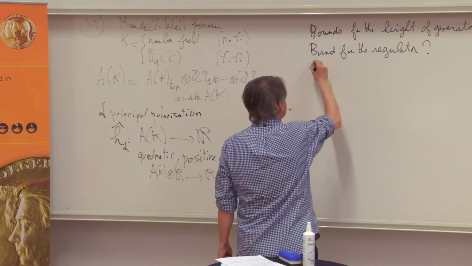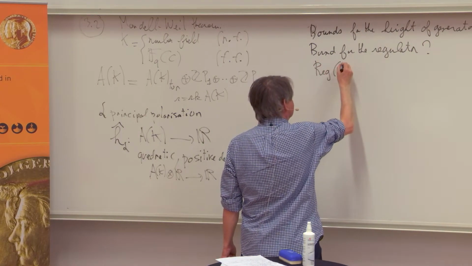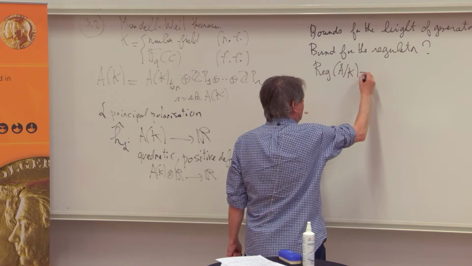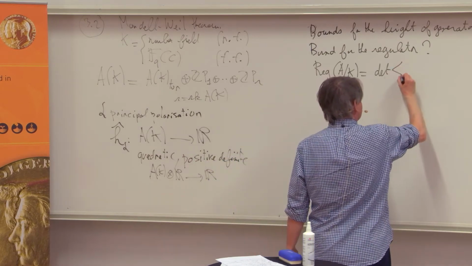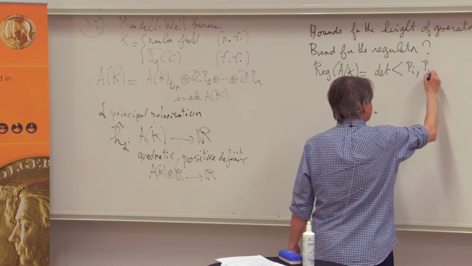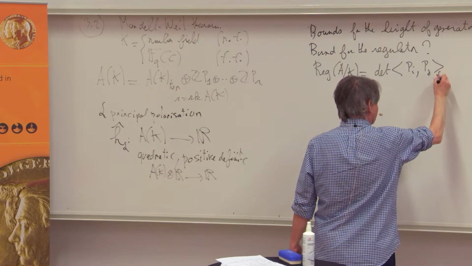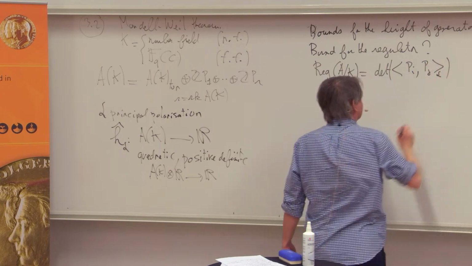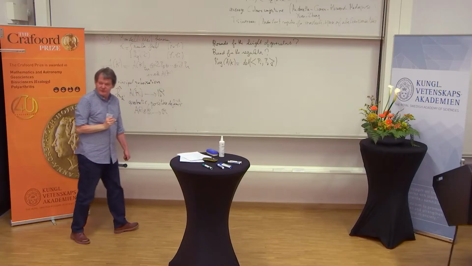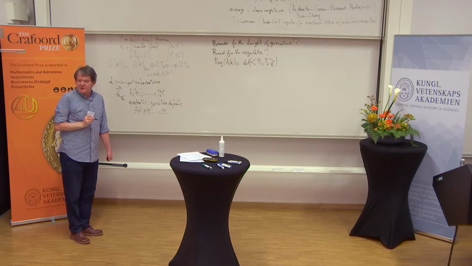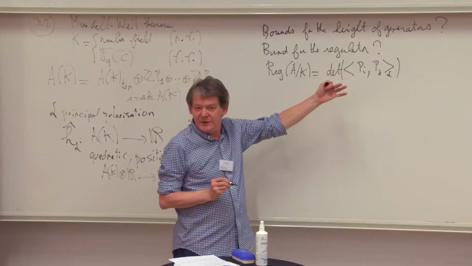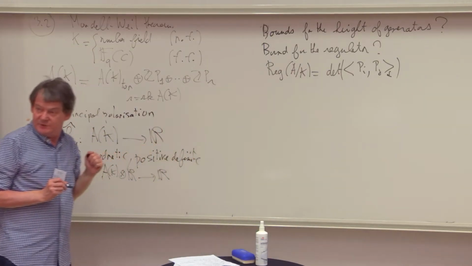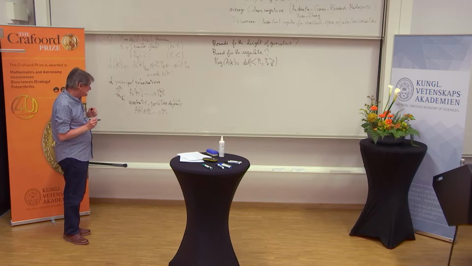The regulator is, I will write it like this, the determinant of, since we have a quadratic form, we have a scalar product. Here I will write the L. You want a bound for this quantity. This classical geometry of numbers tells you that if you can bound this volume, then you can find a bound for the height of generators.